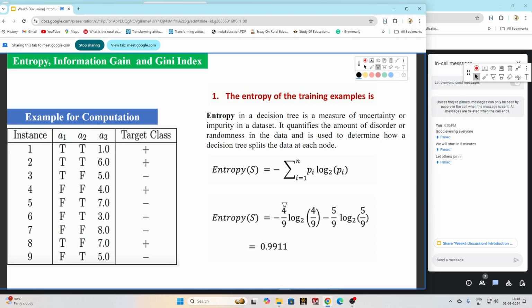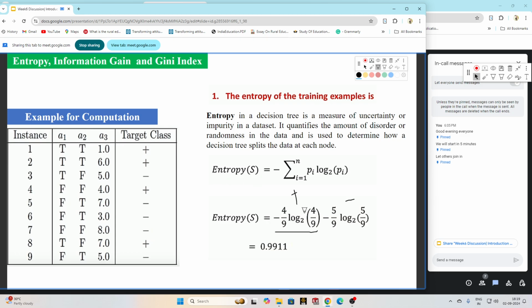We will find it by this formula. We have 4 positive examples, and 1, 2, 3, 4, 5, 5 negative examples. So according to our entropy formula, p_i is the probability of one class. We first take the probability of the positive class, and then the probability of the negative class.